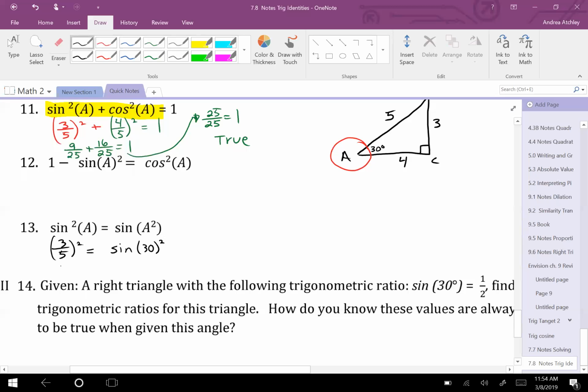Because this would be 9 over 25. This would be sine of 900, right? Is that going to be the same thing? No. So this is false. Sorry, we should put true here too. So that one's false. This does not work the same way. To square the angle and then take the sine of that, that doesn't work.